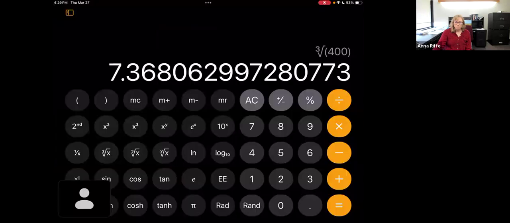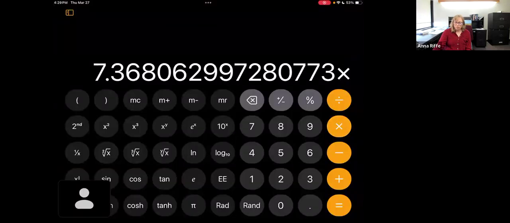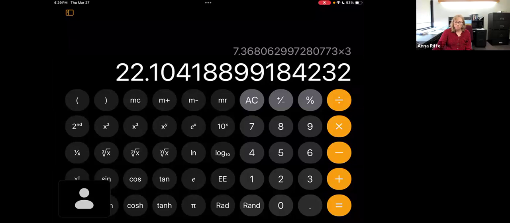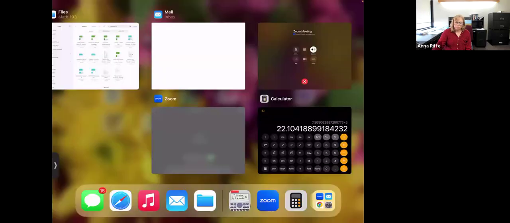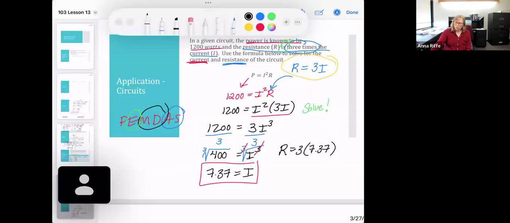I still have that in my calculator. I'm going to multiply by 3, and I get 22.10. 22.10 is my resistance.